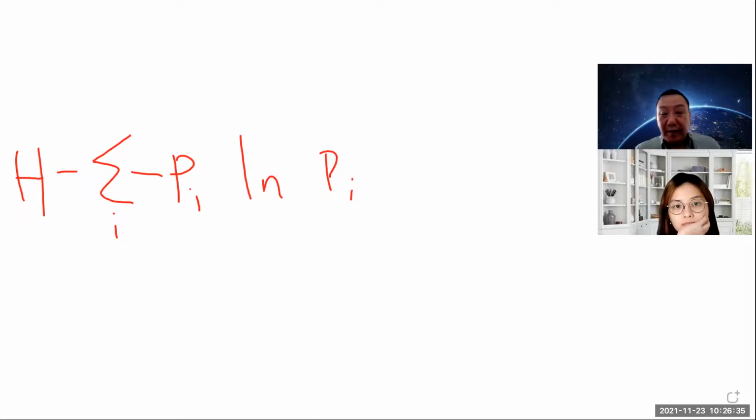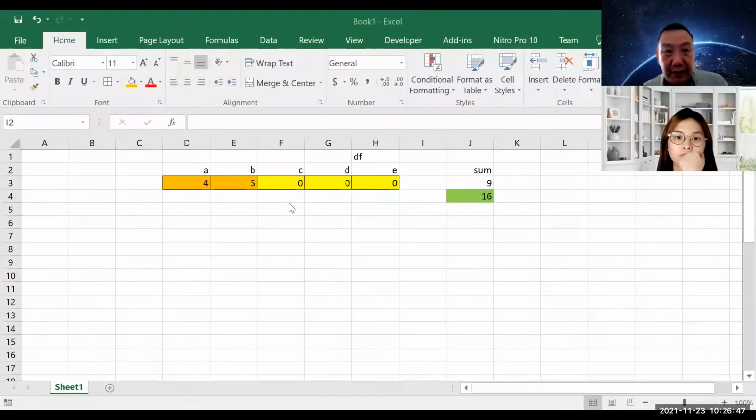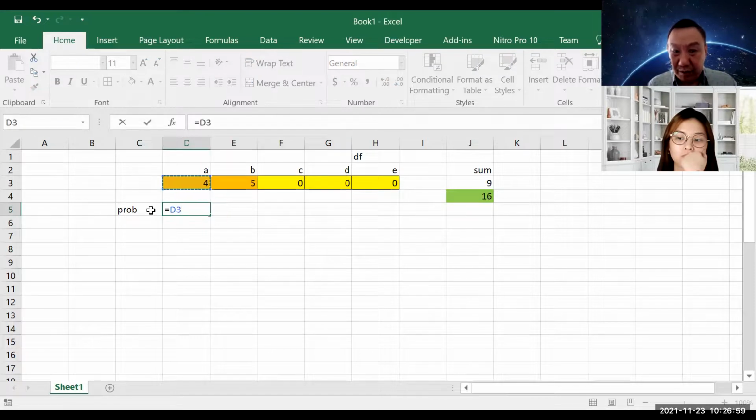Okay. So let's do that for our problem here. I will solve this. So what I will do is I calculate the probability. What is the probability here? Probability is the value divided by the sum, isn't it?